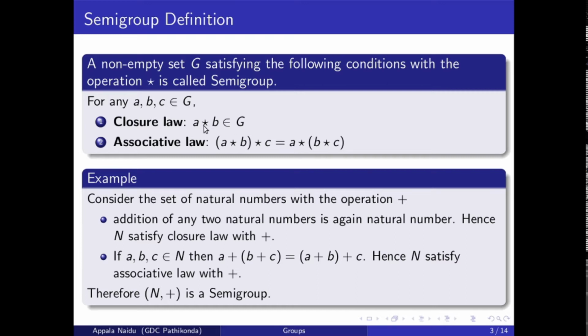The star is a binary operation. Along with that we have to have the associative law, that is, (a star b) star c is equal to a star (b star c). If the set G satisfies these two conditions, then G is called a semigroup with the operation star.